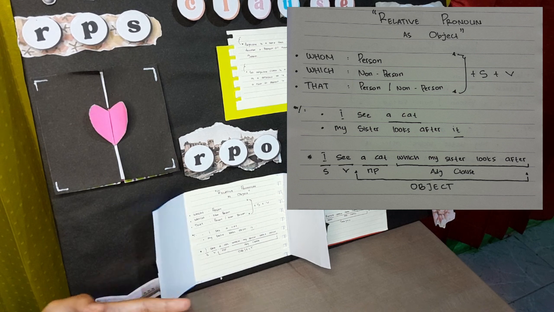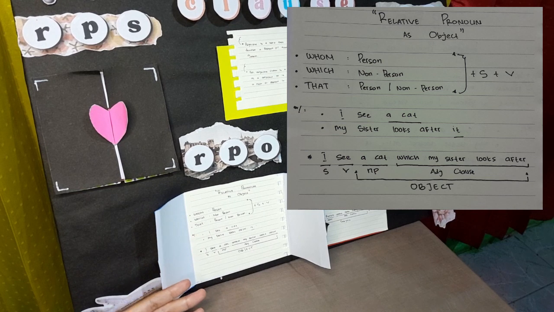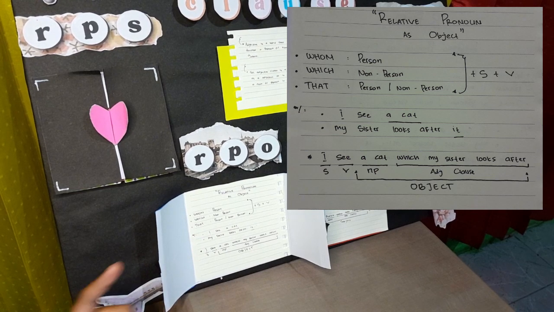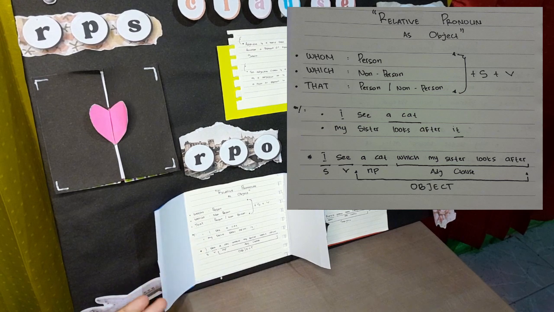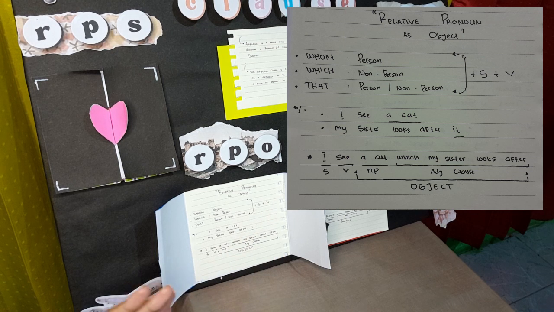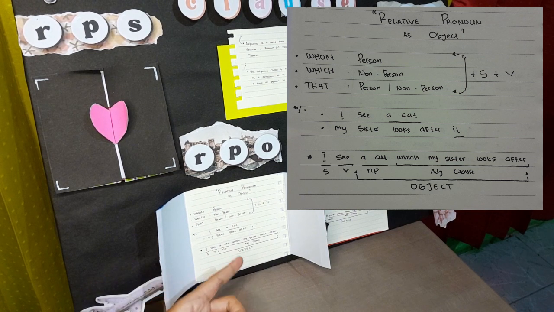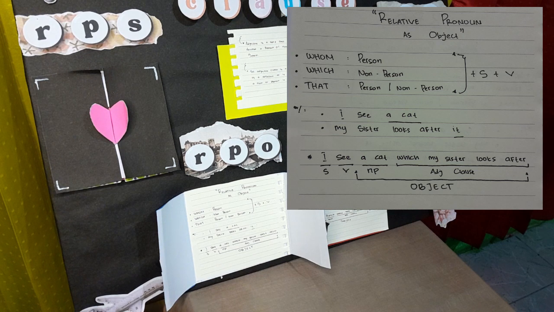Keep in mind that these three conjunctions must be followed by subject and verb, and not followed by the object. Because in RPO, it cannot be followed by the object, but in RPS, it can't be followed by the subject either. Because here we are describing the subject, and in RPO, we are describing the object.